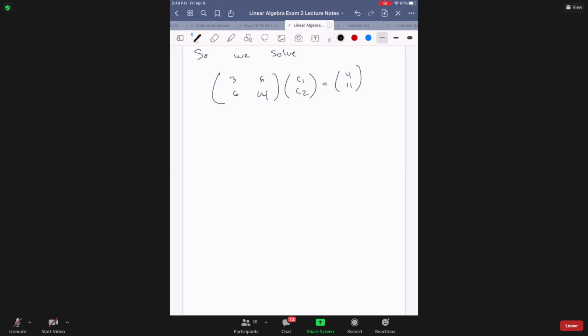Using RREF or inverses, whatever you want, we get C1, C2 equal to -5/3 and 3/2. So y equals -5/3 plus 3/2 x is the best fit line for that set of data that we originally proposed.